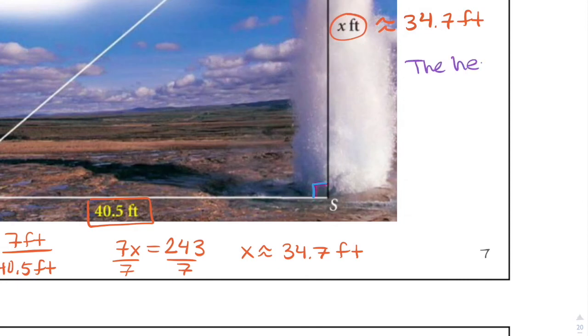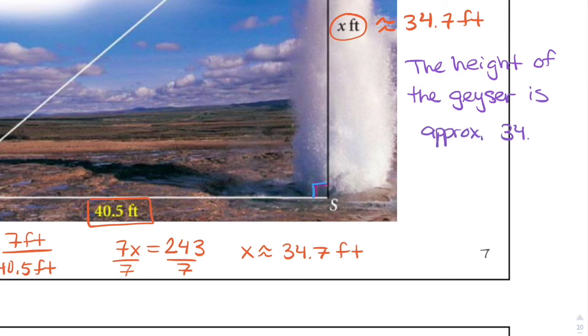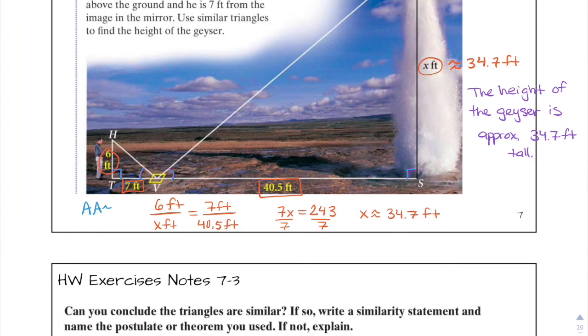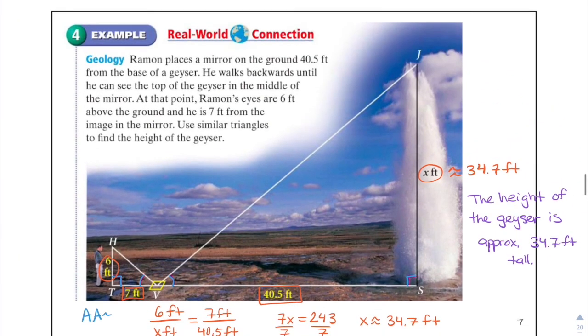The height of the geyser, this is approximate, is approximately 34.7 feet tall. And that's just one example of indirect measurement.